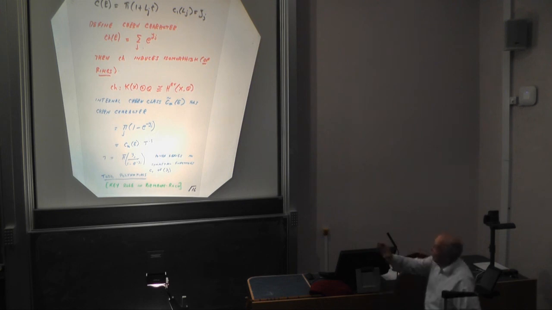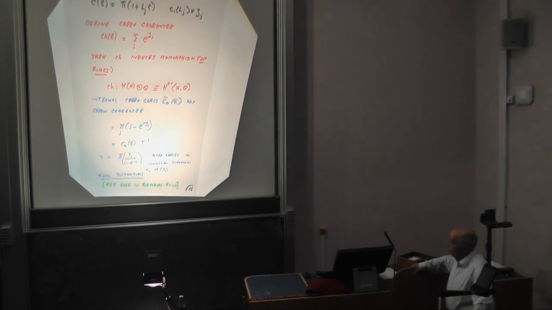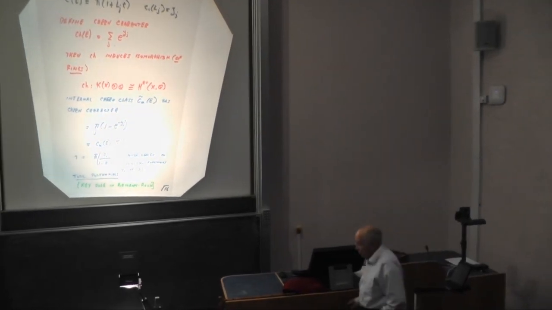You take that outside, and what you're left with is a power series beginning with 1. It's an invertible power series. And the inverse of that power series is called T. And that is the same as the Todd power series. The expression there, the product of those factors, you expand it and write it purely formally in terms of the symmetric functions of the y's, those are called the Todd polynomials, which play a very key role in the Riemann-Roch theorem.